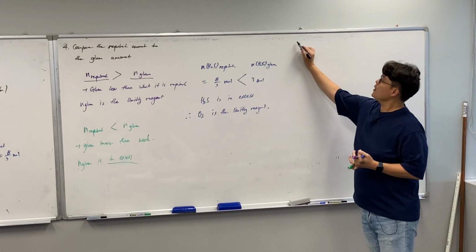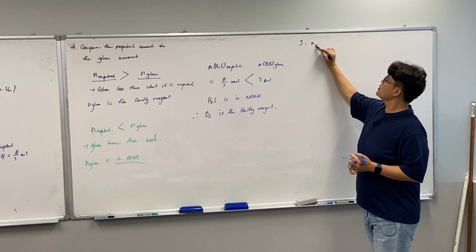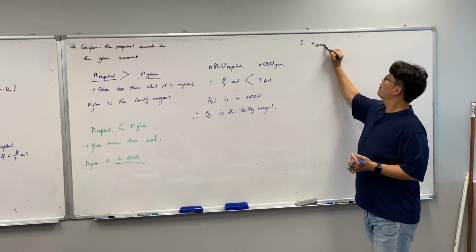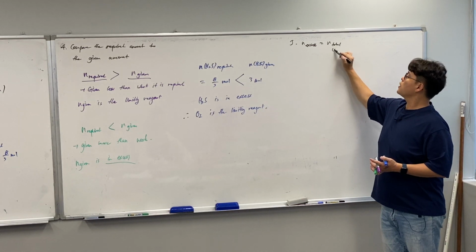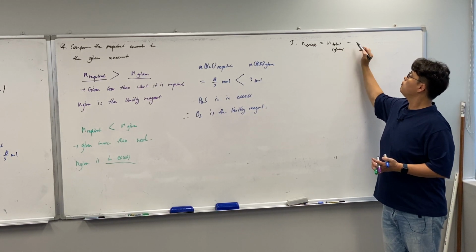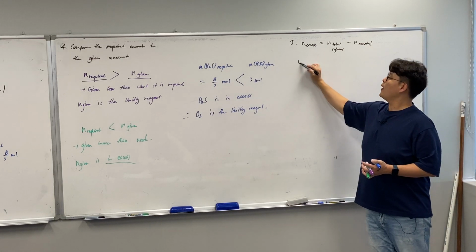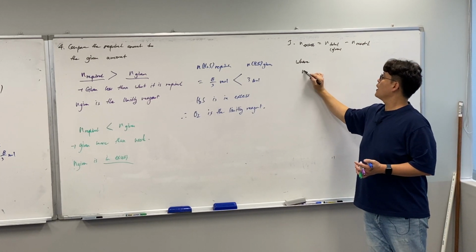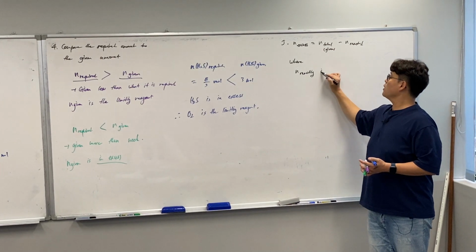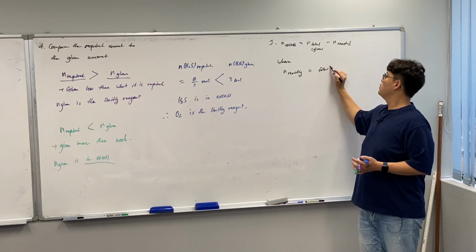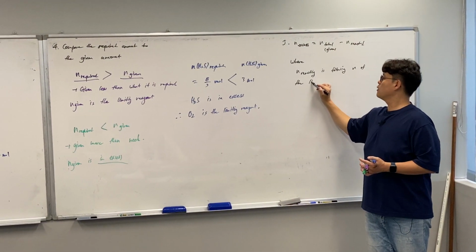Now, rule number 5: if you want to find the excess, n in excess, always find it from the n of the total or given minus the n of the reacted, where n reacting follows the n of the limiting reagent.